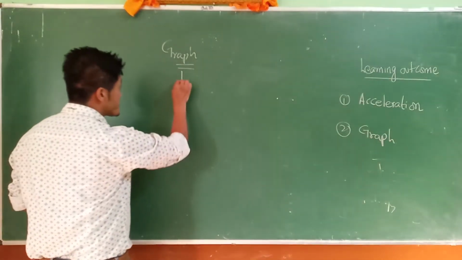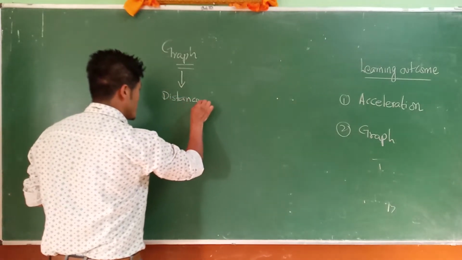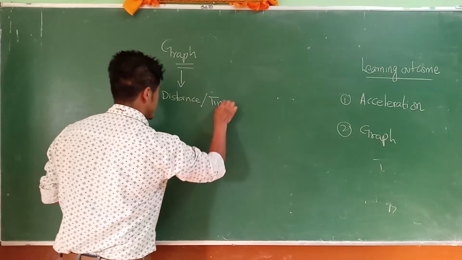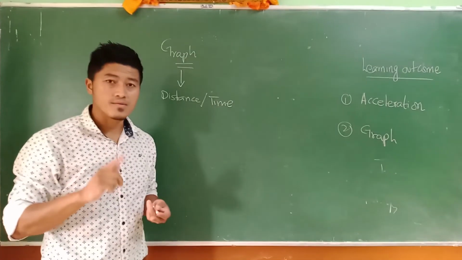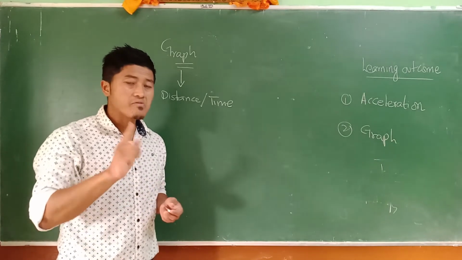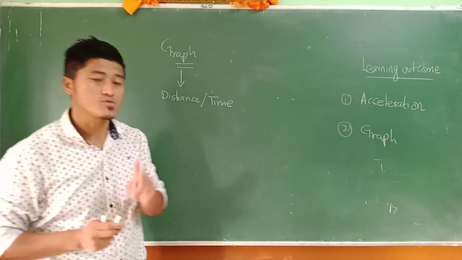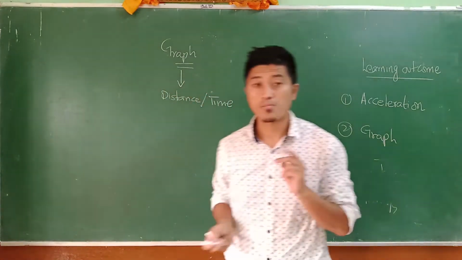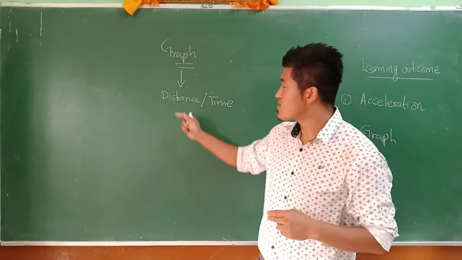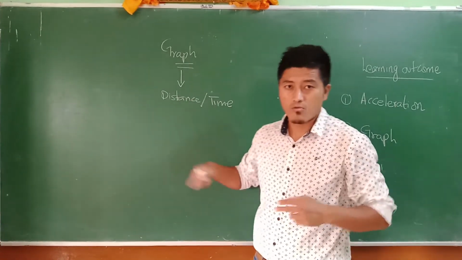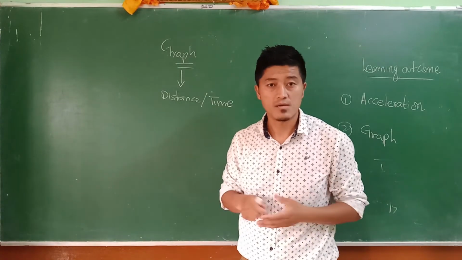We already had the concept of speed. When we were learning about speed, we came to know that there are two physical quantities: distance and time. So when we write about distance and time, we understand that we are talking about speed, right?